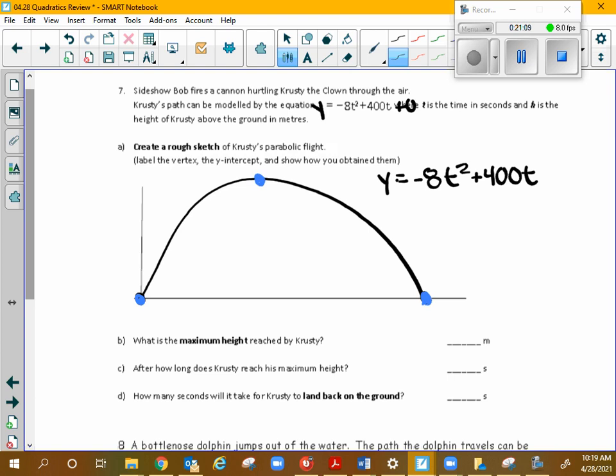What can factor from both of these? 8, negative 8. What else do they both have? T. Okay, what's negative 8t squared divided by negative 8t? Just t. What's 400t divided by negative 8t? Negative 50.